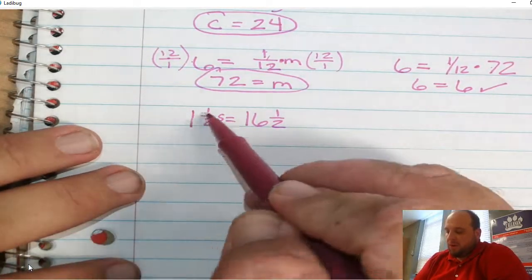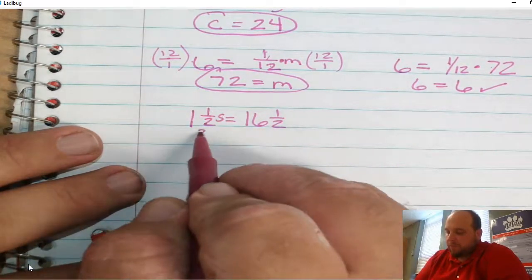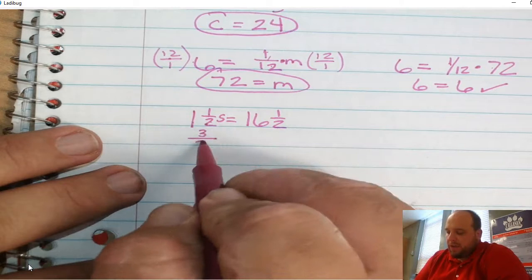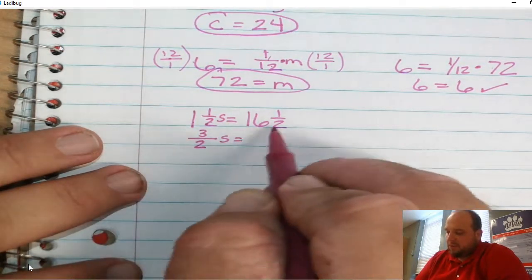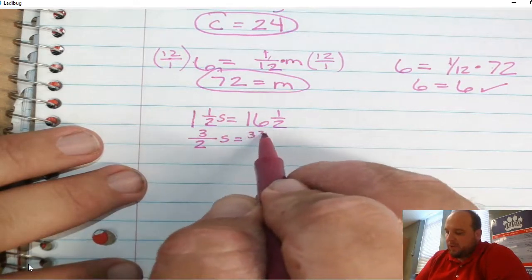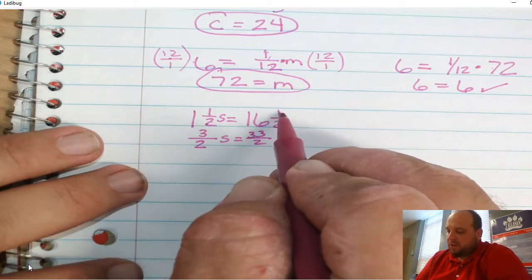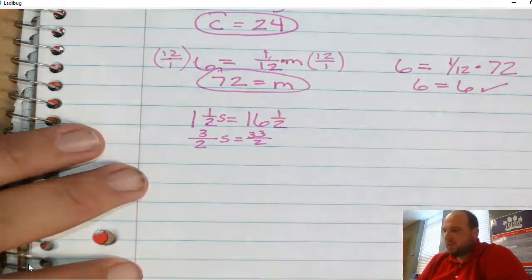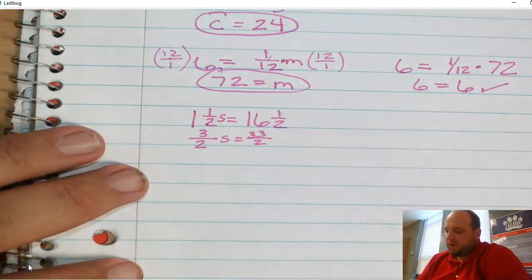So I'm going to change 1 and 1/2 into an improper fraction. I take 1 times 2 plus 1, which gives me 3. I keep the denominator at 2, so I get 3 over 2. 16 and 1/2 as an improper fraction would be 33 over 2, because I took 16 times 2, which is 32, plus 1 is 33. The original denominator was 2. So here's my problem: 3 over 2 times s equals 33 over 2.